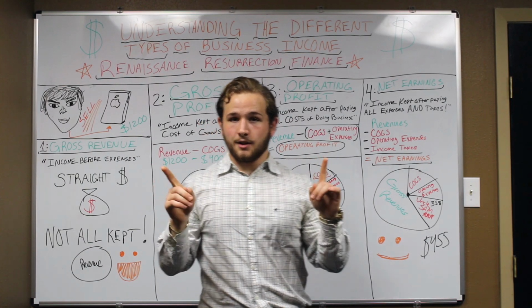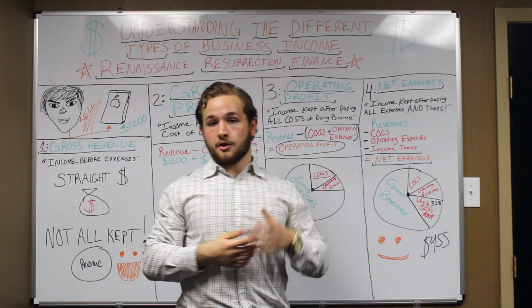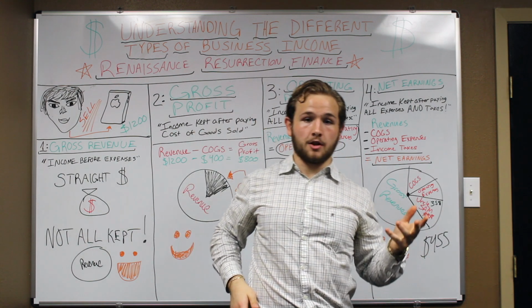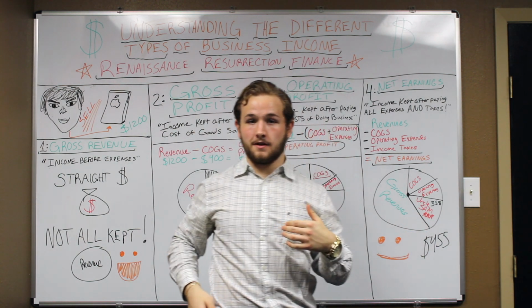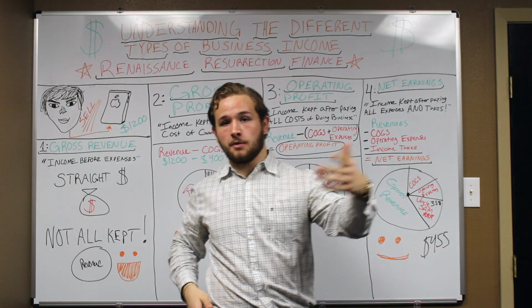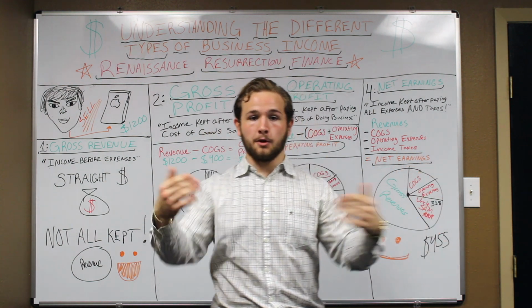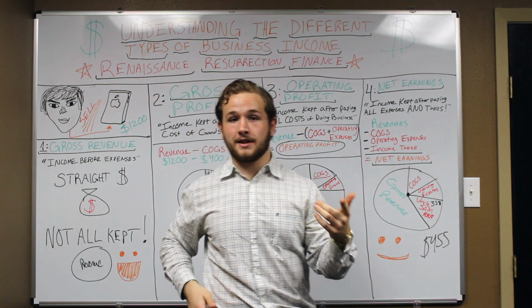Alright guys, so that is it for how you step through and understand the different types of business income. I hope this helps you to better understand your finances in either your business or helps you to better understand how to determine the profitability of a business that you're considering investing into.